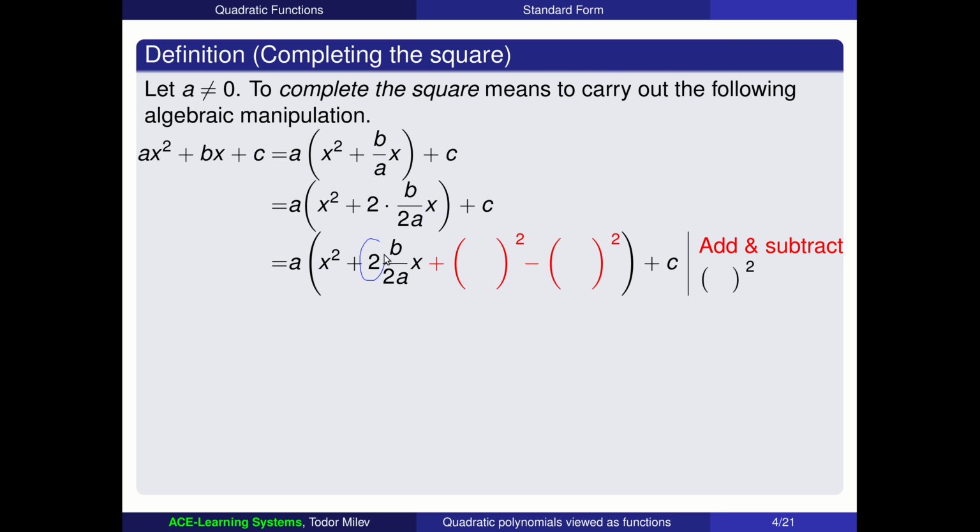Take the number 2, take the number x, and whatever is left between the two of them, that's the number that we have to use. So the number in this case would be b over 2a. The same number that we see here, that's the number we have to square, and that's the number that we have to add and subtract.